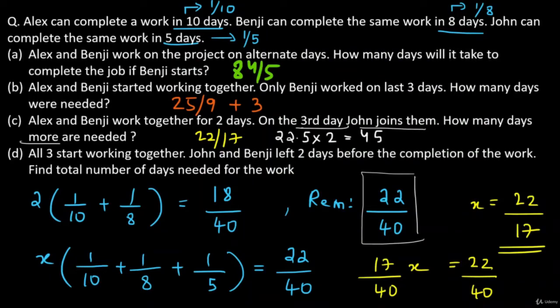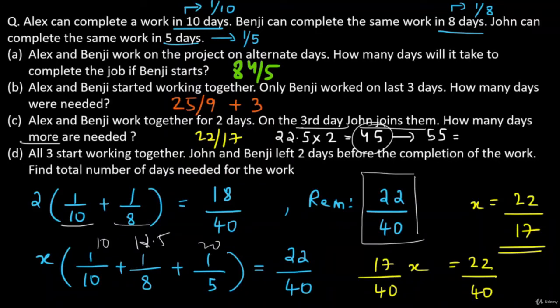Now, we can also do this using percentages. In 2 days, when Alex and Benji work, they'll complete 22.5 into 2, that is 45% of the work. Now, how much percentage of the work is remaining? That would be 100 minus 45, which is equal to 55%. Alright, now when all the 3 are working, this is 10%, this is 12.5%, and this is 20%.